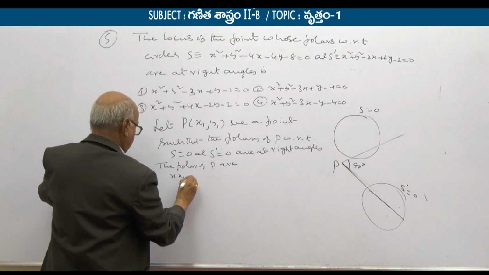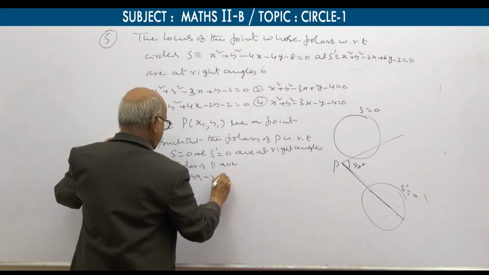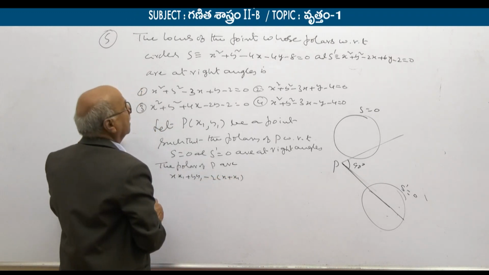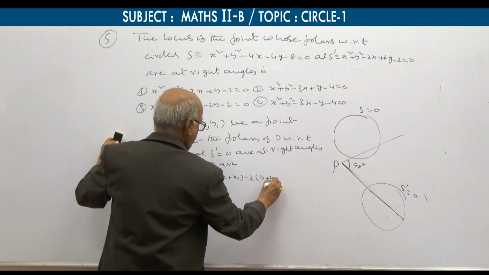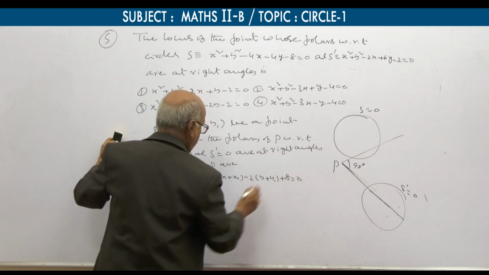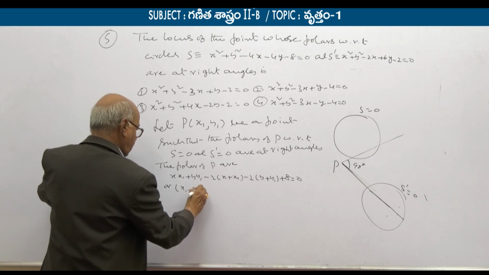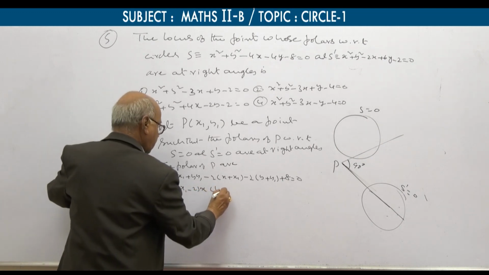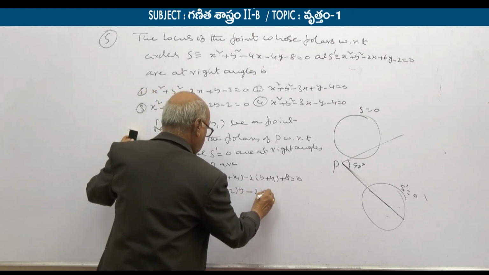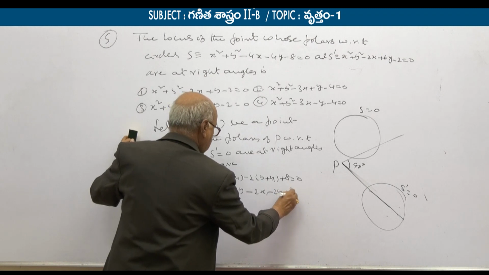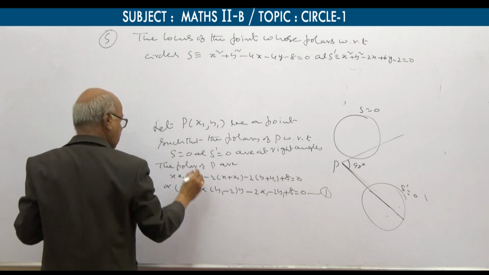x x1 plus y y1 minus 2 into (x plus x1) minus 2 into (y plus y1) plus 8 equal to 0, or (x1 minus 2) into x, (y1 minus 2) into y, minus 2x1 minus 2y1 plus 8 equal to 0. Number 1, this is S1.